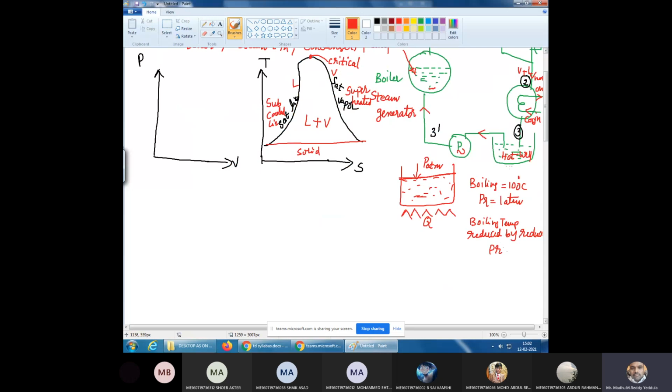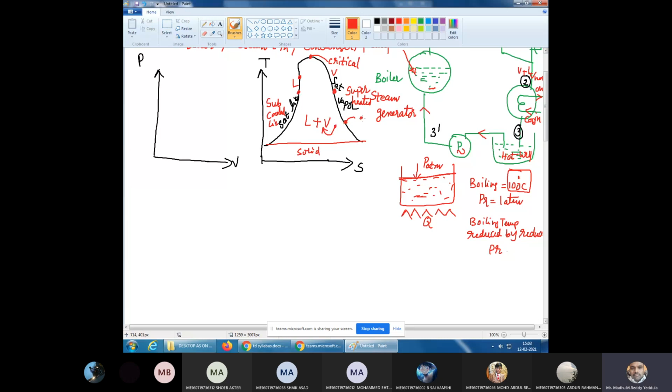This 100 degrees centigrade temperature is called the saturation temperature of the water. This is the saturated liquid line, and this is the saturated vapor line. If I select a point on this line, the state is liquid. If I select any point on that line, it is vapor. If the point is between the lines, it is a two-phase mixture. If it is on the right side, it is superheated, again single phase only.